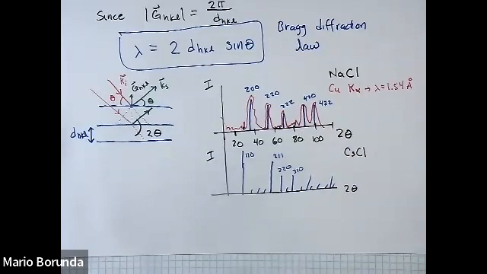And assuming that it's still cubic, it would be displacing, because it's a bigger unit cell, because bromide is bigger than chloride, there would be a displacing of these peaks. And maybe because of that displacement, you can figure out what the unit cell of the system is and by how much it grew. So those are the parameters that in the experiment you would be looking at.